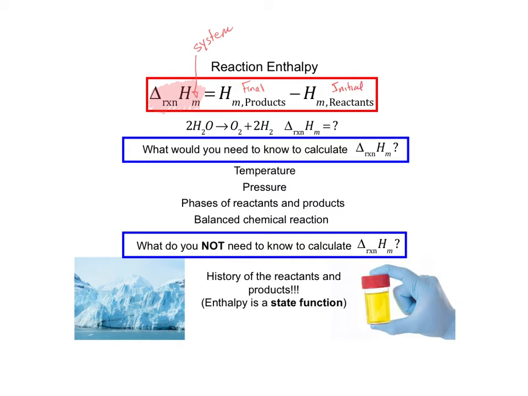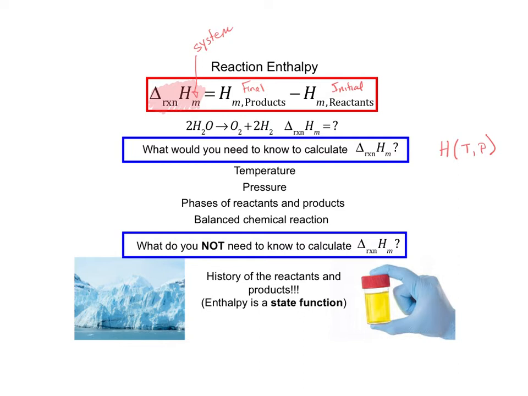So if we were given the problem that water decomposes into oxygen and hydrogen gas, and we wanted to find the delta H of this reaction, we'd start trying to think about what we would need to know. Well, we know that H is a function of T and P, and so we'd need to know temperatures and pressures.